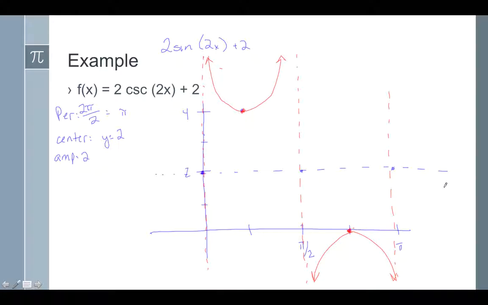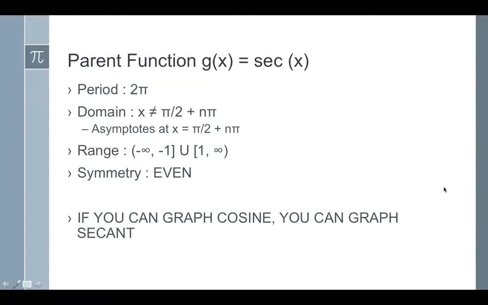All right, that's our only cosecant example. We're going to go straight into the secant because we know everything we need to know for sine and cosine again. So in this case, for secant, the period is still 2 pi because the period for cosine is 2 pi.